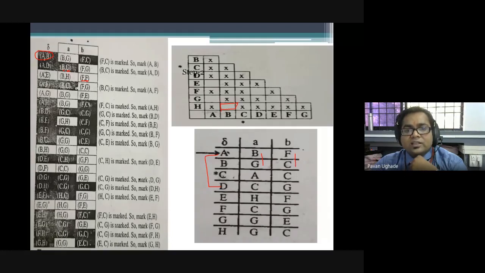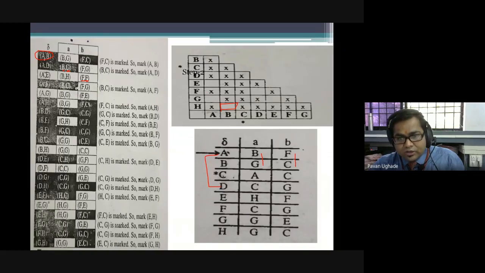Indistinguishable states are the states which are kept blank in this table. So BH, AG, AE, DE, EG are the indistinguishable pairs. If both are blank, then and only then can they be considered indistinguishable.